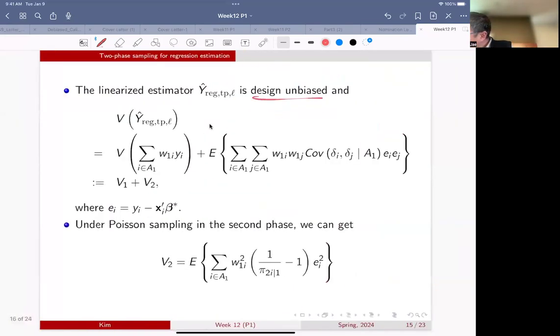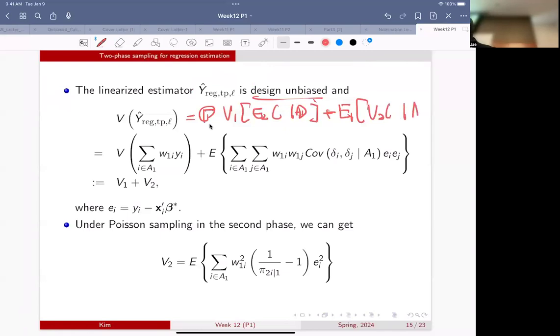The same thing for the variance, we can do the same thing. Variance of the conditional expectation given A1 plus expectation of the conditional variance. So this part, we have already seen.